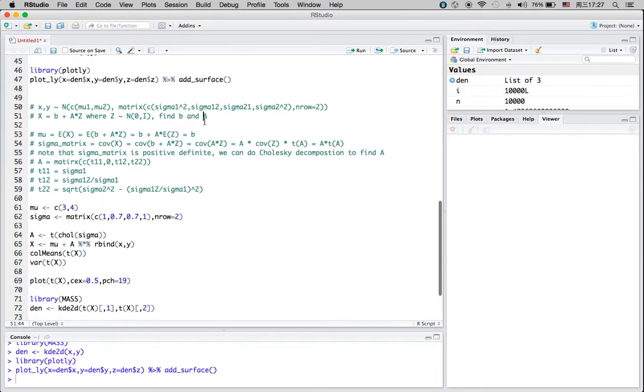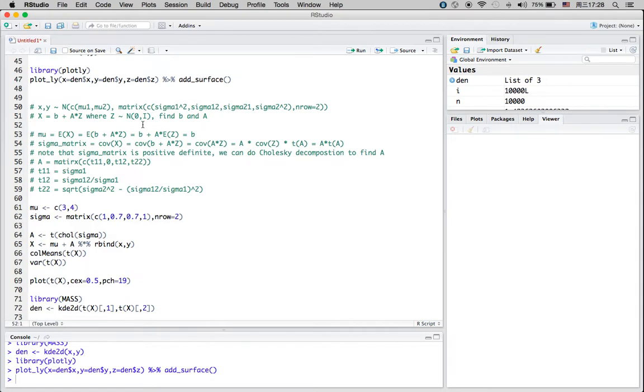Here, x and y follow a normal distribution, with x having mean mu1 and y having mean mu2. And here is their sigma matrix: the variances are on the diagonal, and their covariance is on the other diagonal of this 2x2 matrix.